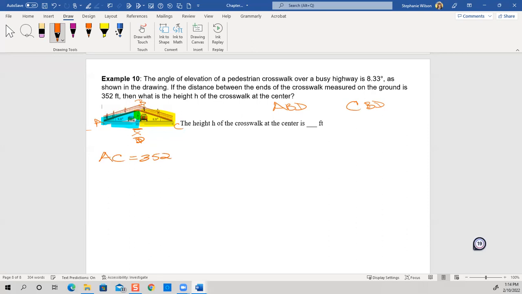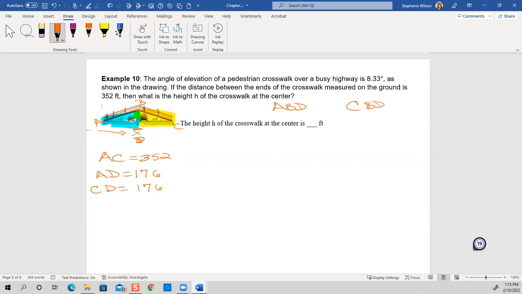Then the length of AD is half of that, which makes sense, because from here to D is half of 352. So I'm going to divide 352 by 2 because it's half. It's 176. Then that tells me CD is this 176. Okay, that makes sense. So the length of AD, we got that.